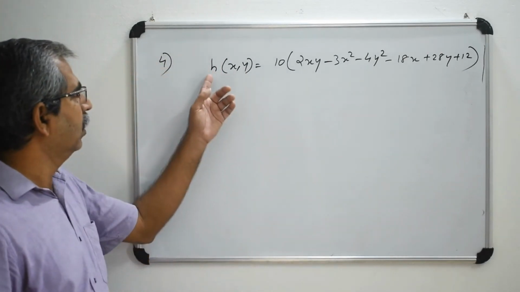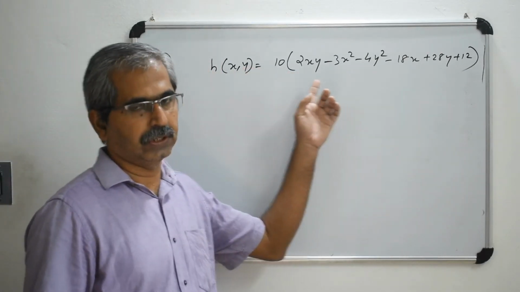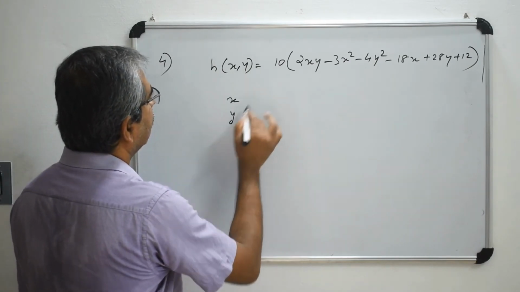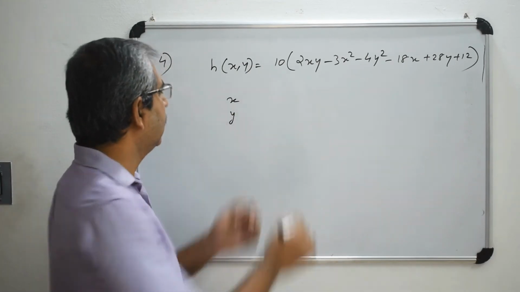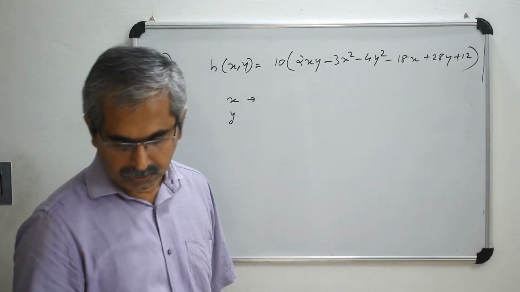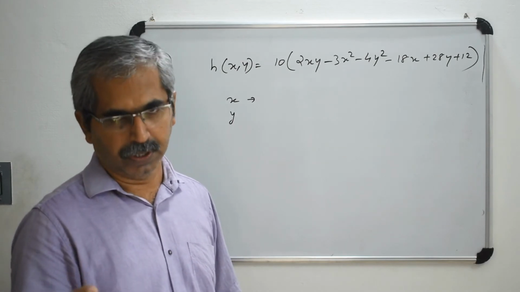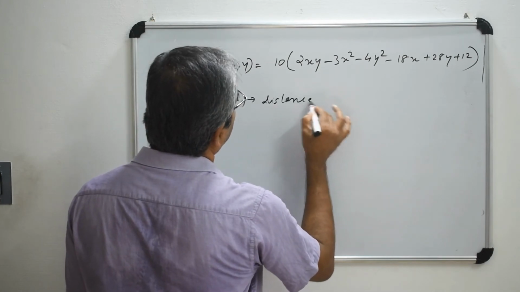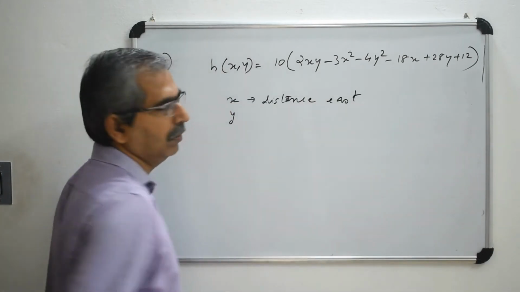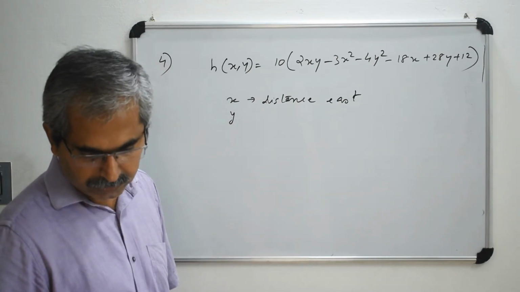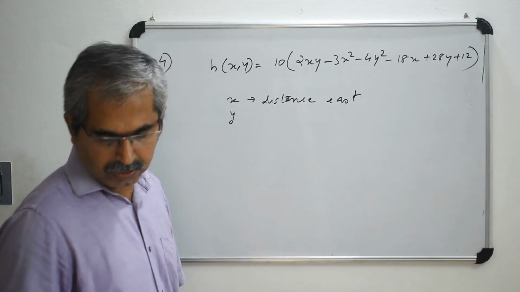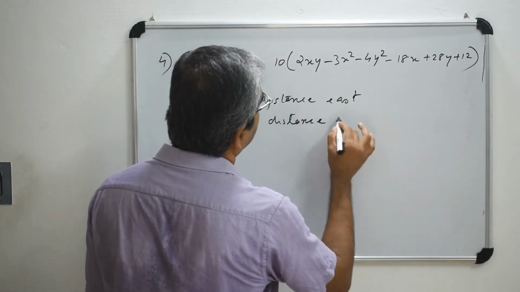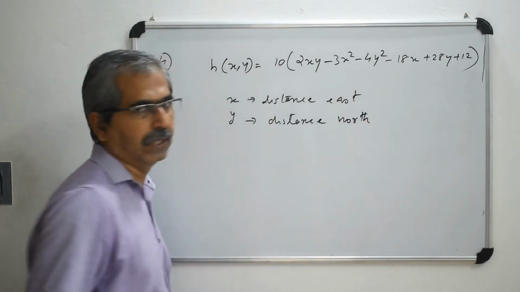Okay. Now h is in feet. The unit of h is in feet, and x and y are in miles, where x is the distance east of a particular place, and y is the distance north of that particular place.